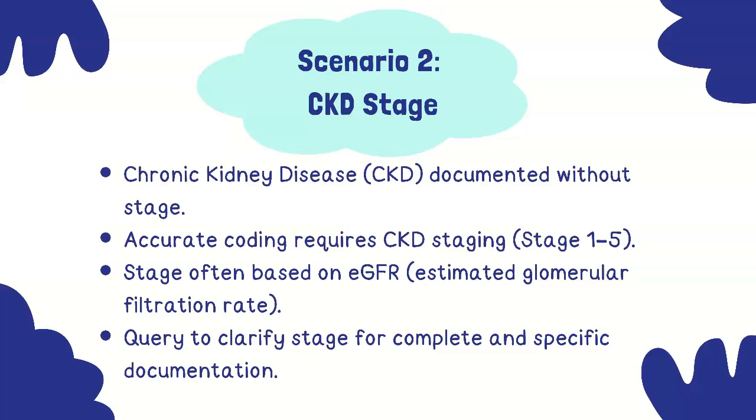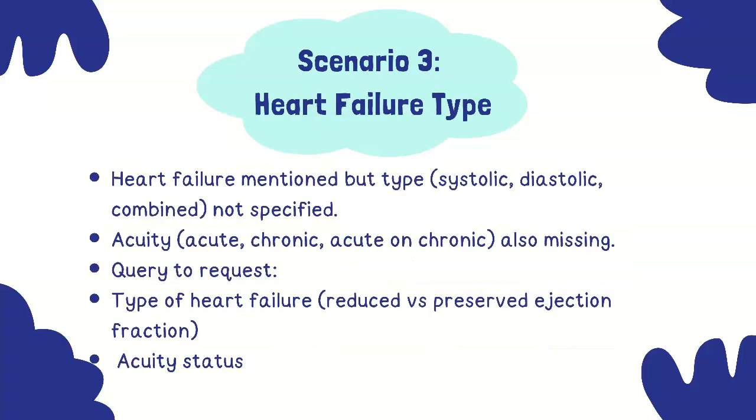And in the documentation, the nephrologist could say what the patient's glomerular filtration rate is, GFR. And so if you Google GFR rates, you'll see that they are typically connected to a stage. But again, you can't just automatically assign a code for the stage. The doctor has to give you that information.